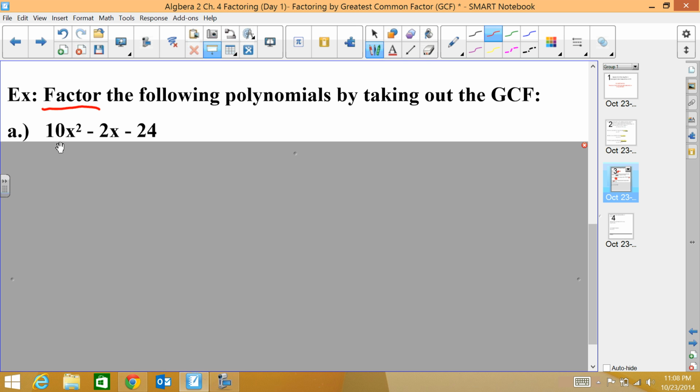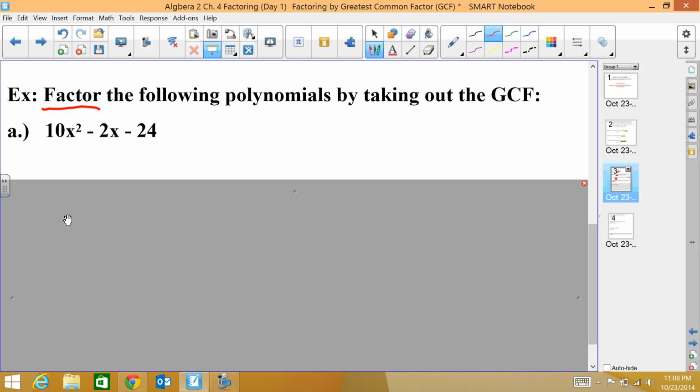So I'm going to come up with the 2 things that multiply together to equal this by taking out the GCF. So if I look at my terms, what is the largest thing that can be divided out of all 3 parts? If I look at my numbers, 10, negative 2, and negative 24, the largest number that can be divided by those terms is 2.